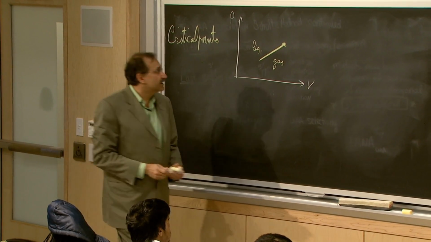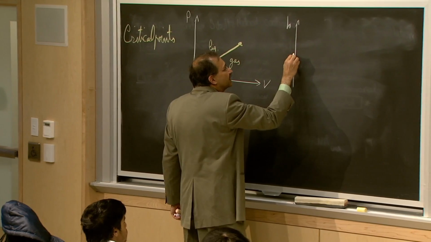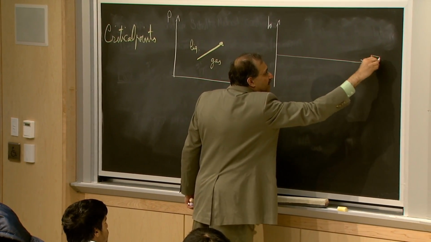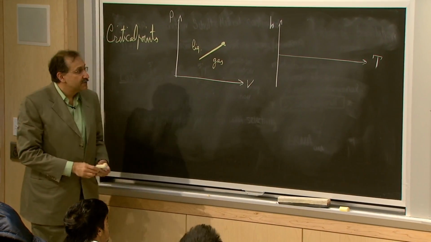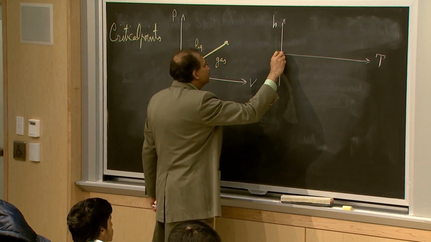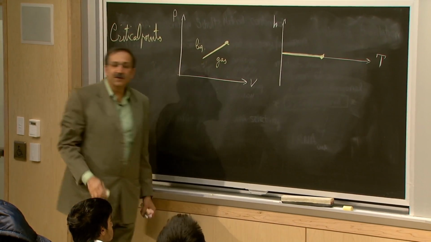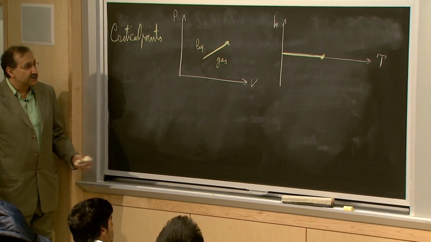Or we looked in the case of a magnet, where as a function of field and temperature, there was, in some sense, coexistence between magnetizations in different directions, terminating at the critical point.